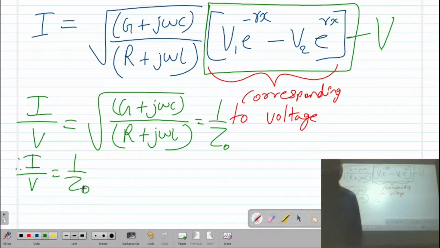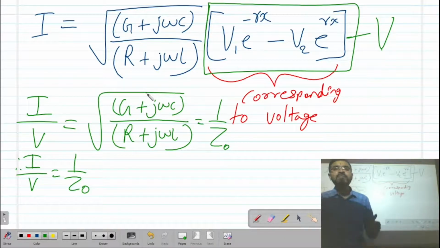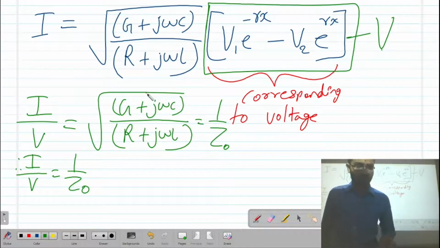We know that V is equals to I into R. Now, why have we taken Z0 over here? We have taken Z0 because we have the imaginary terms in the circuit, and that forces us to study the impedance of the two-wire transmission line instead of a simple resistance.